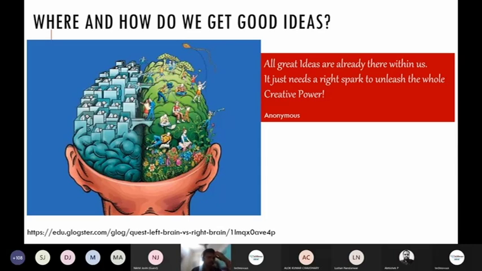And there are some tools. Now let me introduce you to a simple tool called the Medici tool, which is generally used to show you the power of the right brain. This is a right brain tool. That's just the power of creativity which is within us.